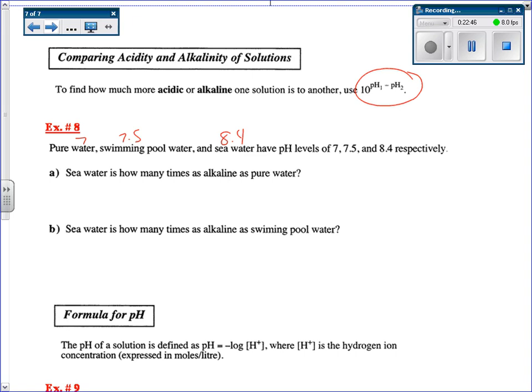We're going to go 10 to the power of 8.4 minus 7, which is 10 to the power of 1.4, which is 25 times as alkaline. Seawater is how many times as alkaline as swimming pool water? Same thing, so it's going to be 8.4 minus 7.5, or 10 to the 0.9, which is about 8 times.